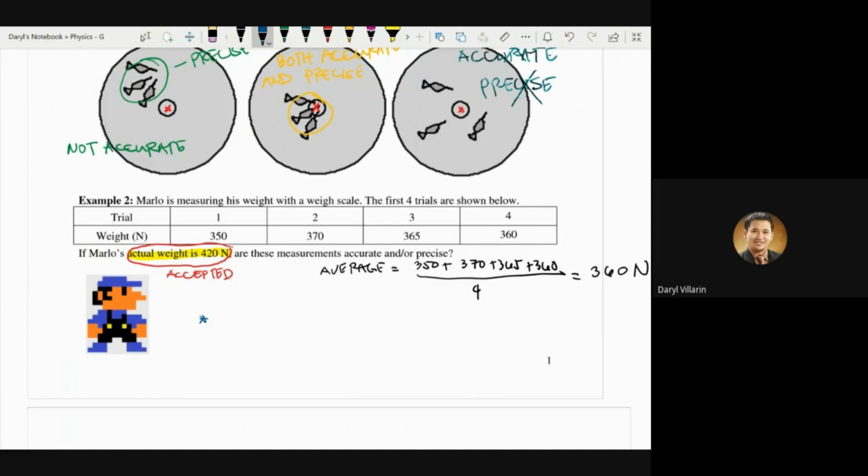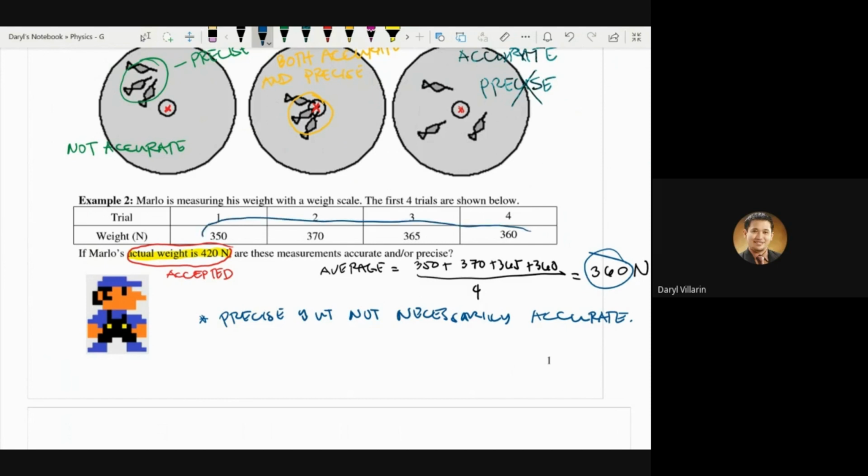So in this case, just looking at the values here, I could say that it is precise, but not necessarily accurate. Okay. Again, this is just based on my average and comparing it with all of them individually.